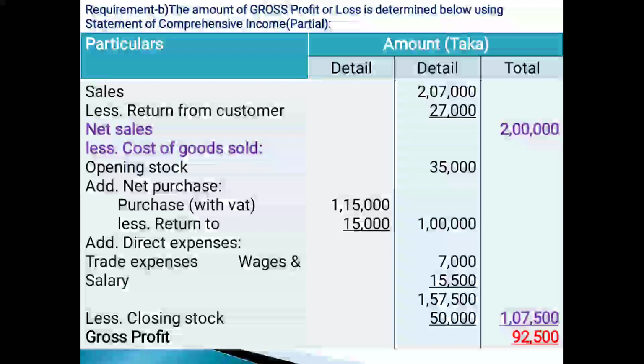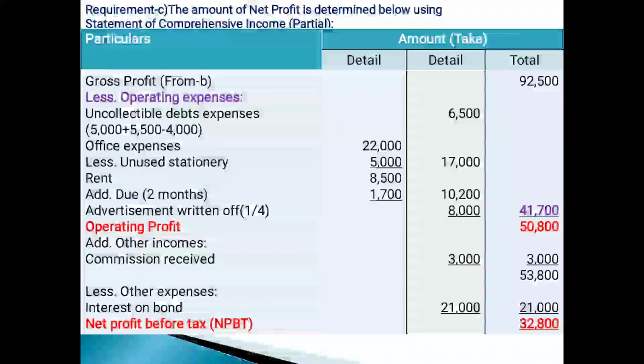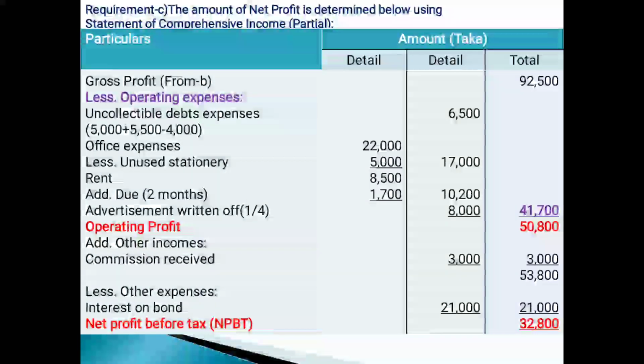Now we can go for requirement C. I think you have completed requirement B. In the next slide, you will see requirement C. The amount of net profit or loss is determined below using the partial statement of comprehensive income.